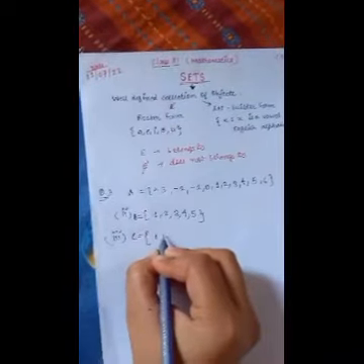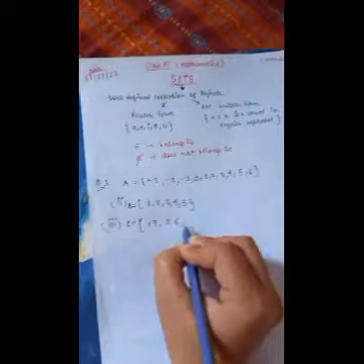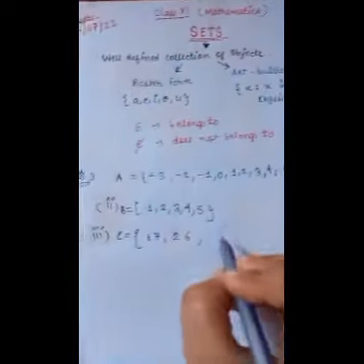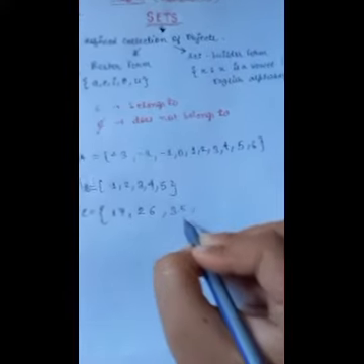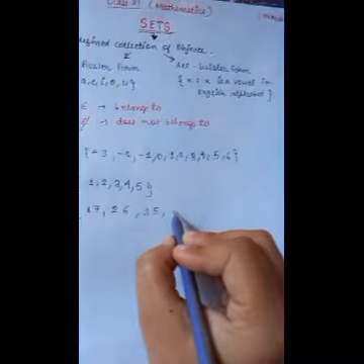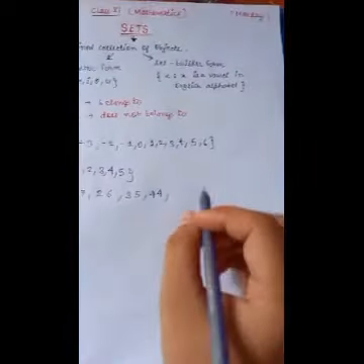1 and 7, 17 will give the sum 8. 2 and 6, 26 will also give the sum as 8. And 3 and 5, 35 will also give the sum as 8. And 4 and 4 will also give the sum 8.